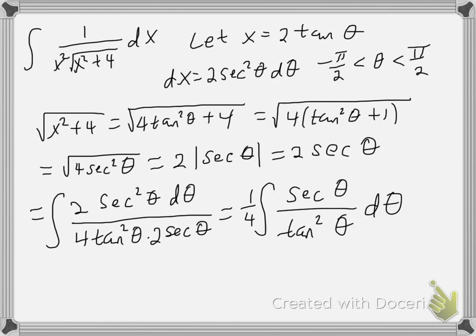Now to evaluate this integral, we put everything in terms of sines and cosines. Let me go to the next slide for this. We have secant of theta over tangent squared of theta.